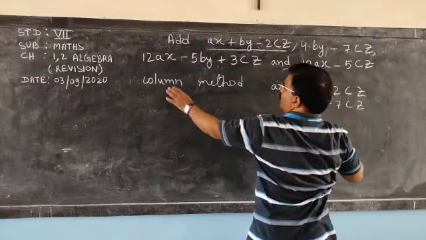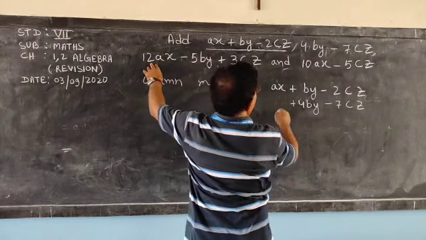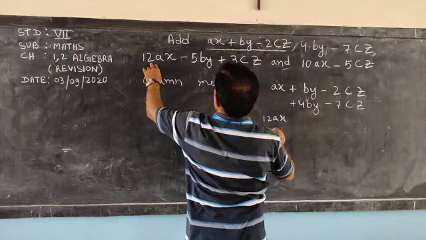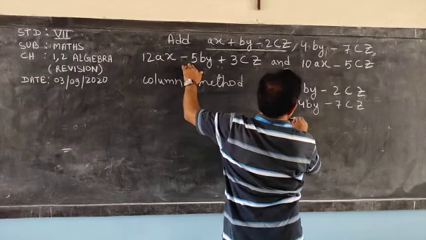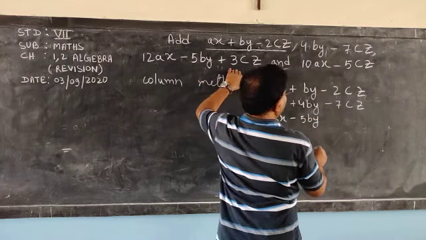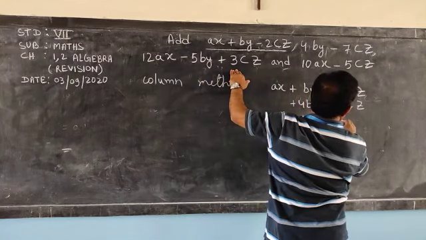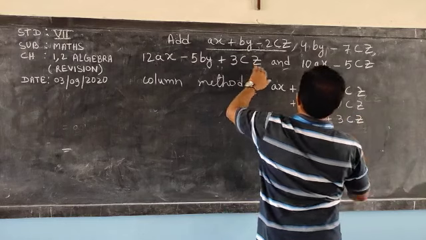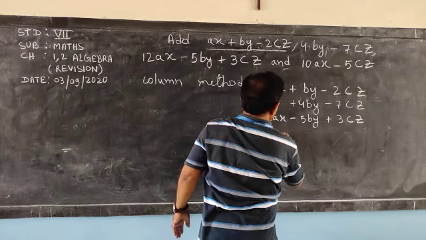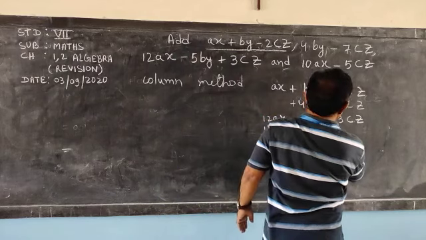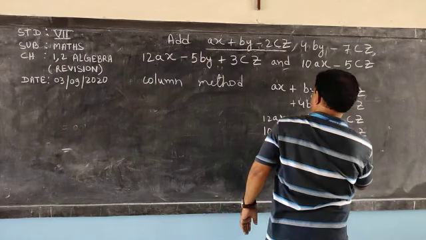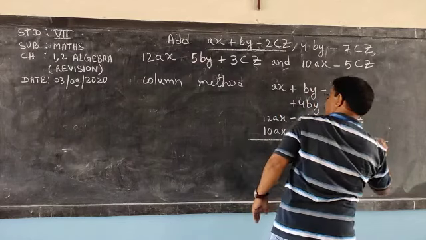Now again plus 12ax. Here 12ax, just below this minus 5by and plus 3cz. Next 10ax, plus 10ax and minus 5cz. Just do it.